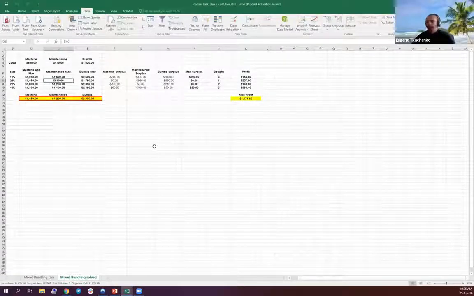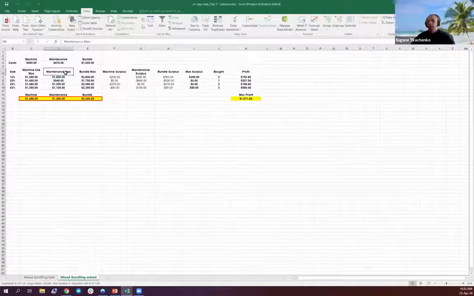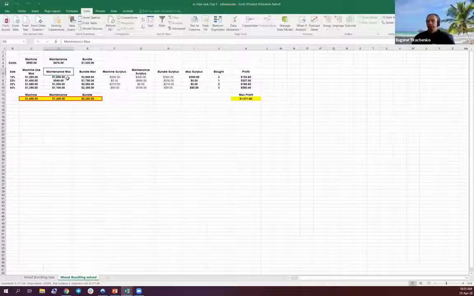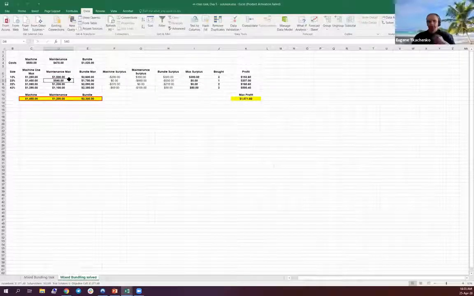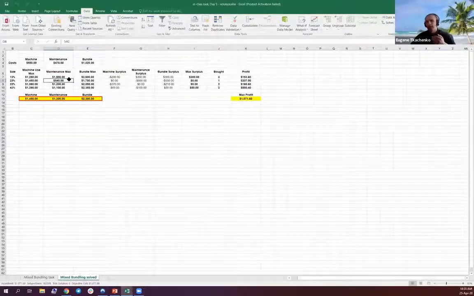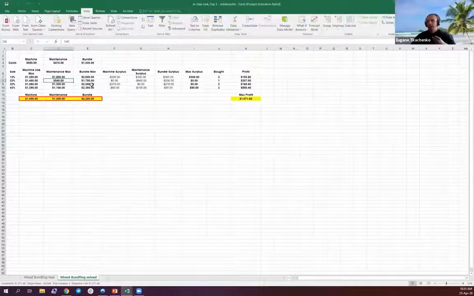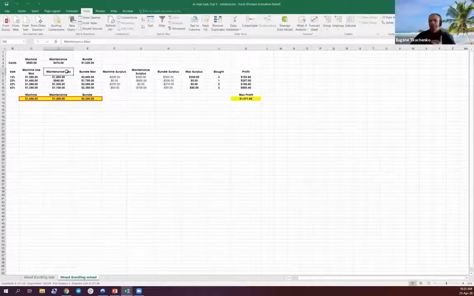That can be the case, but that's why we may not necessarily be interested in selling our offer to a particular segment of people, because the price they're willing to pay is not matching our interest. That may indicate that we won't necessarily be selling our maintenance services directly to them.